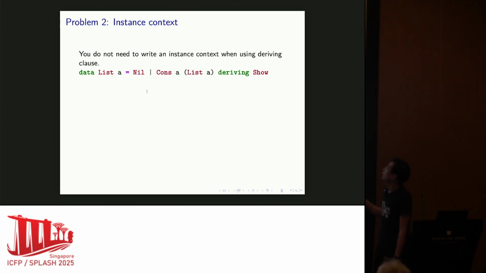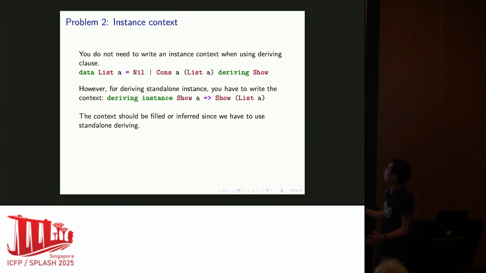Problem 2, we have to infer the context. Normally, we do not need to write the instance context here or here, right? However, for standalone deriving, you have to write some context here, right? We have to fill it in or infer it, since we have to use standalone deriving.